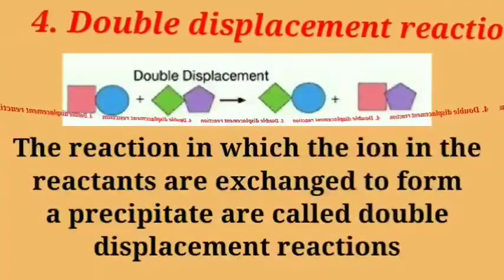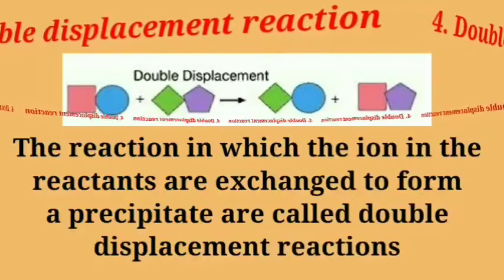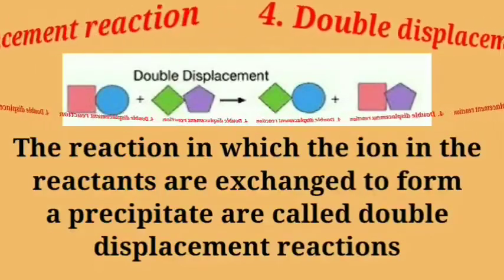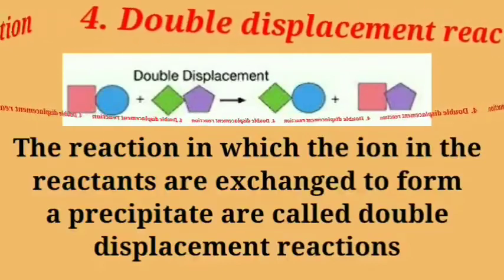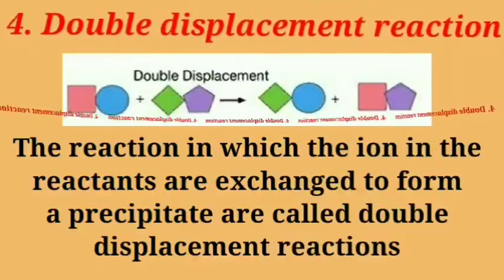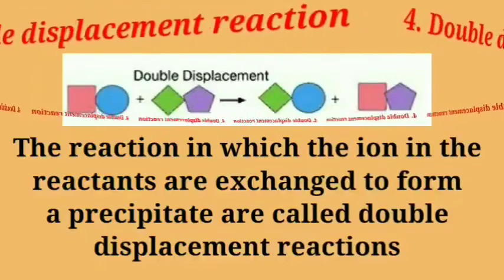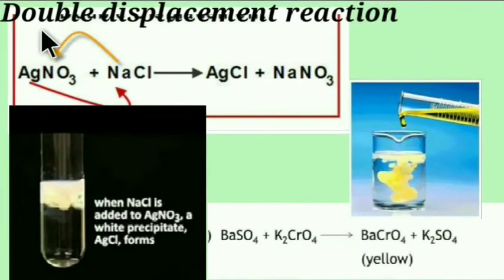Fourth type, double displacement reaction. Definition: the reaction in which the ions in the reactants are exchanged to form a precipitate is called double displacement reaction.